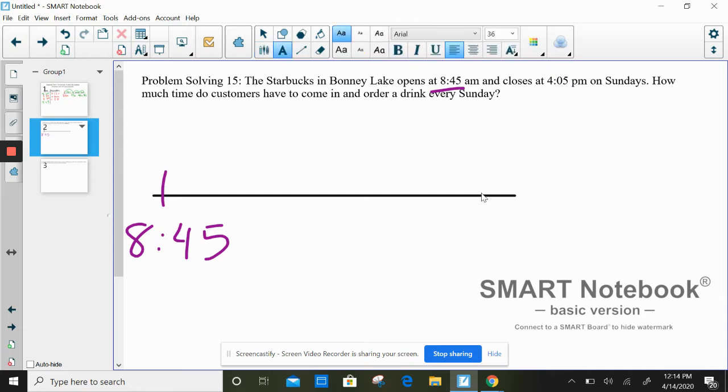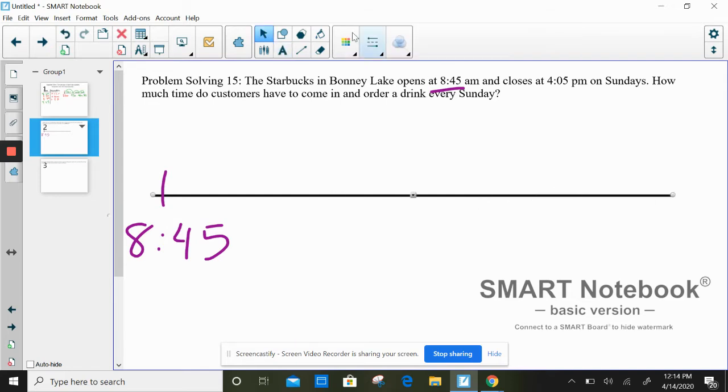I'm actually going to make this even longer for us just in case we need it. All right. So whenever you're doing jumps on the number line like this, really try and jump with numbers that you find really friendly and easy to work with, because you really could use any numbers you want. So you might as well use numbers that feel easy to you.